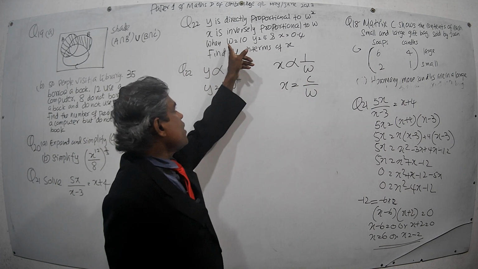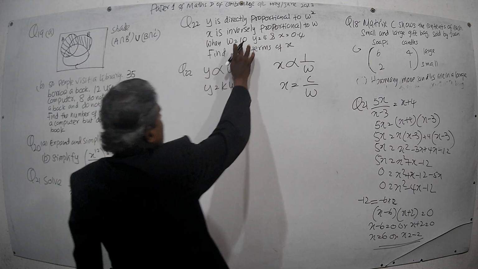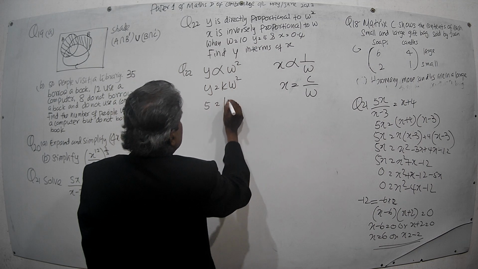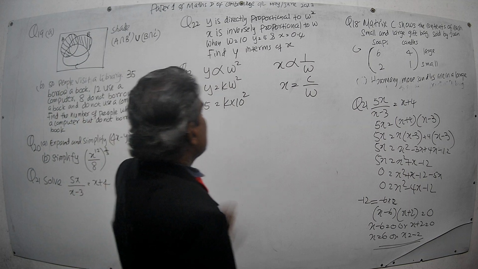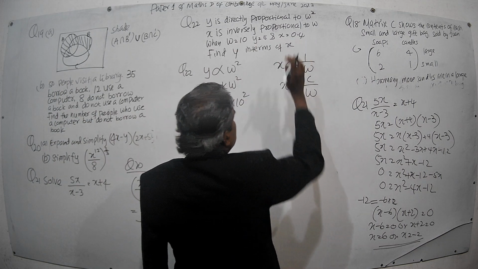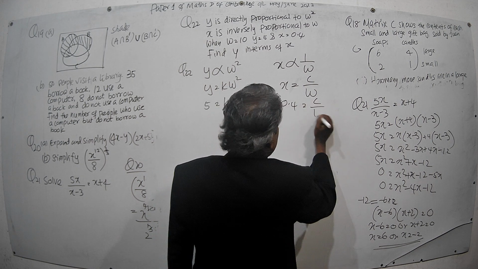For that we use the values given. They say when w is 10, y is 5. So y is 5, w is 10, 10 squared. Then they say when w is 10, x is 0.4. So x is 0.4 when w is 10.